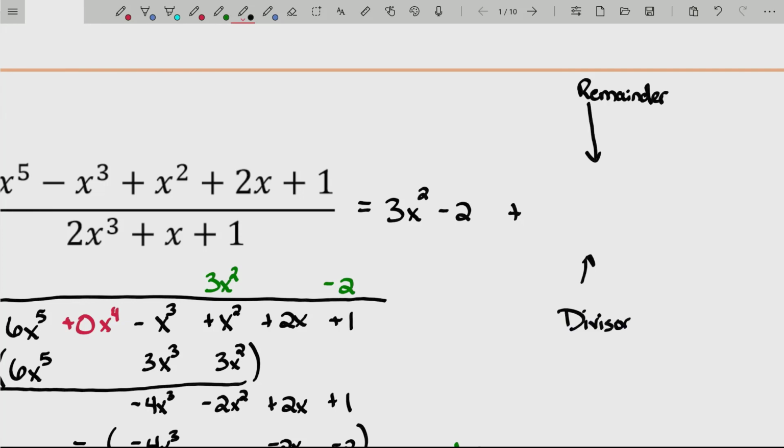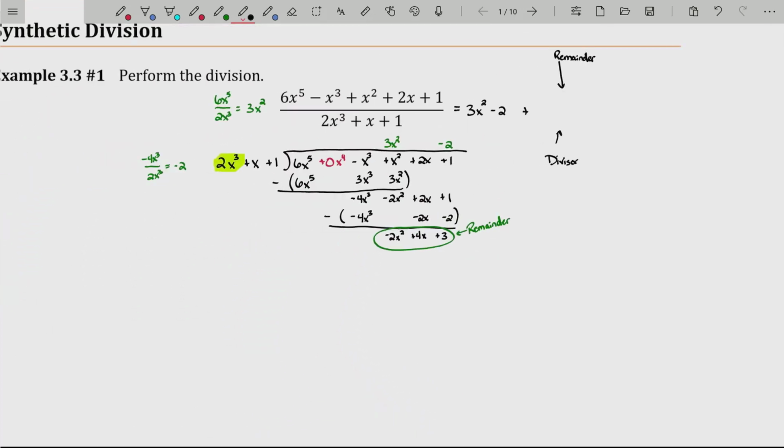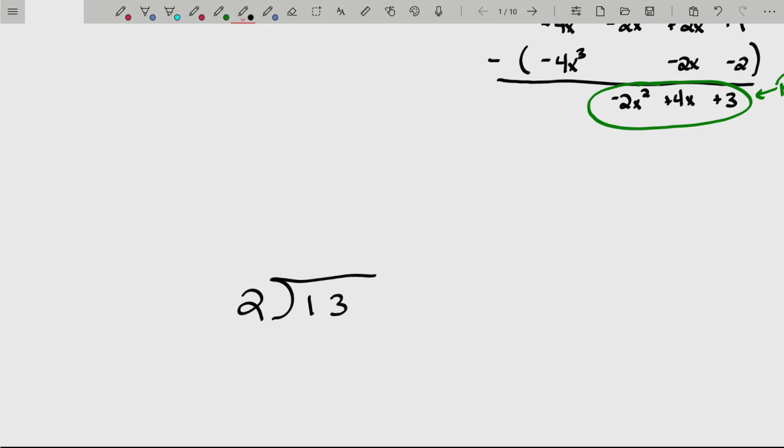Now, before I write that down, I want to just showcase why that's true. So if you took, like, I don't know, 2 dividing into 13, let me write that a little bit better. 2 dividing into 13. Well, 2 does not divide into 1, but 2 divides into 13 6 times.